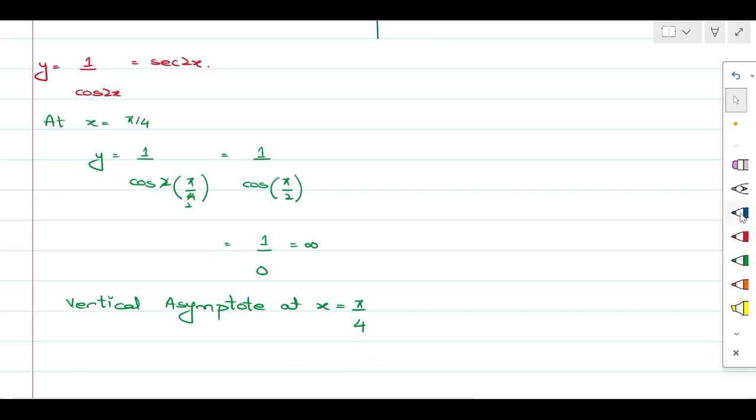Let me sketch this graph and show you guys. Make it a bigger one. Okay, now let's say this is x equals pi by 4. This point is x equals pi by 4. Now this is a vertical asymptote, right? When we do secant of 2x.